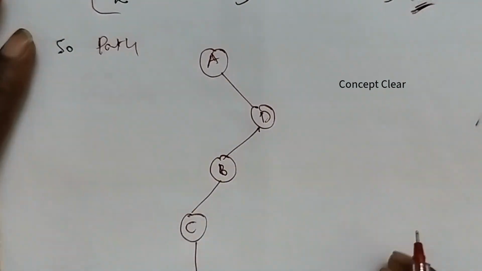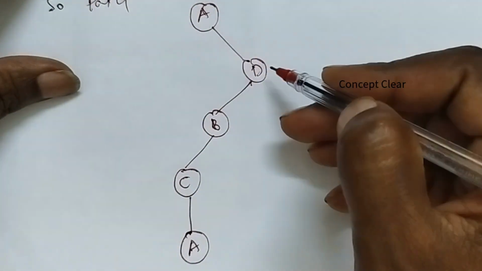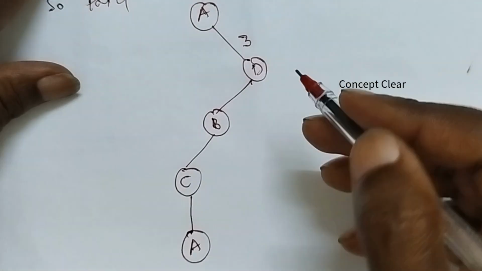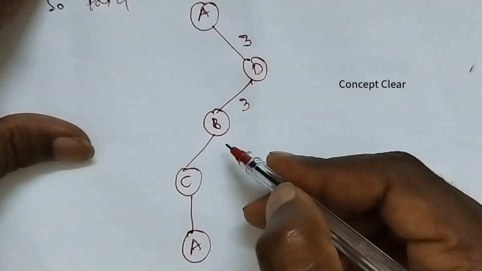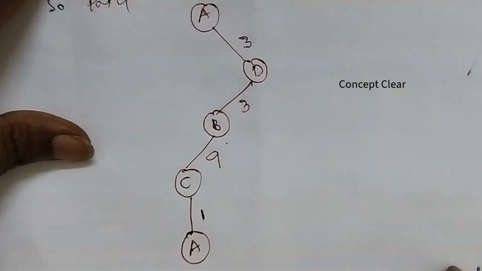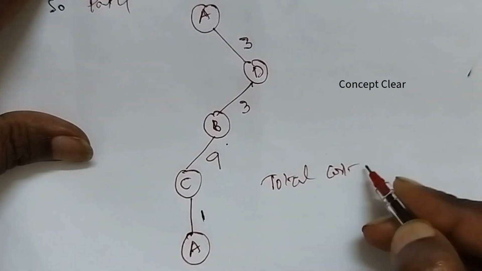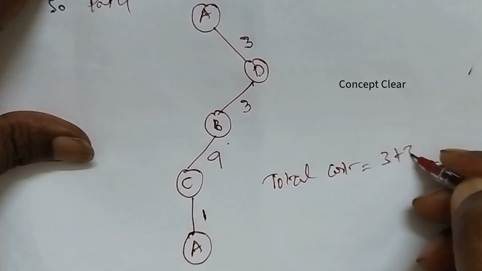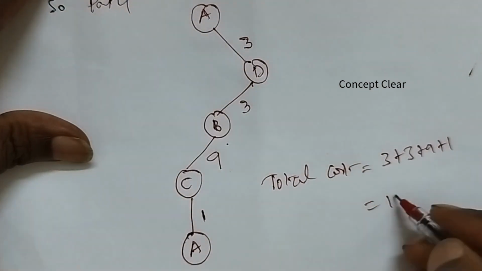According to the matrix values, A to D value is 3, D to B value is 3, B to C value is 9, and C to A value is 1. So what is the total cost? The total cost is 3 plus 3 plus 9 plus 1, which equals 16.